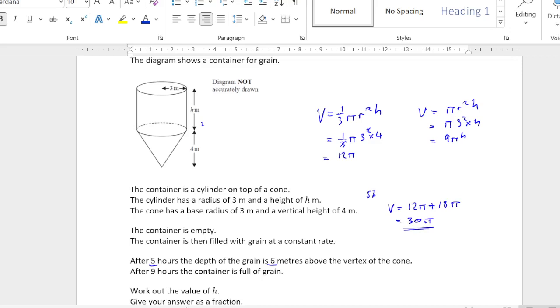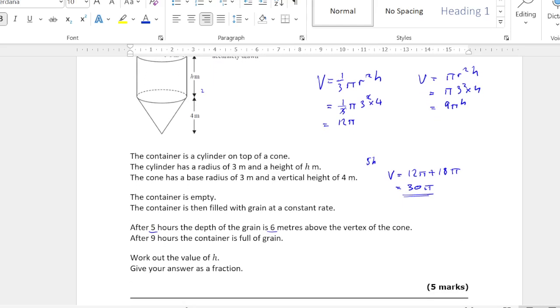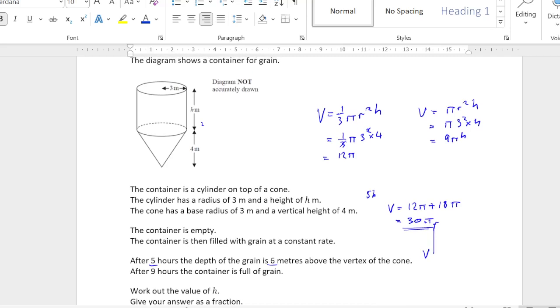That's how much would have been filled. If we're leaving it for 9 hours, we can multiply that by 9 divided by 5. So the total volume of the tank is going to be equal to 30 pi divided by 5 times 9. So the total volume is going to be 54 pi.